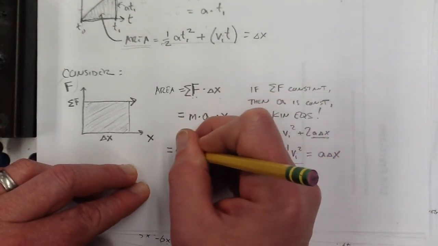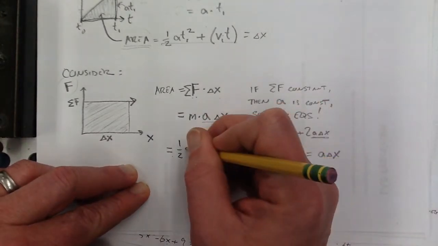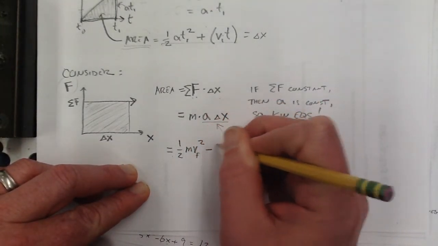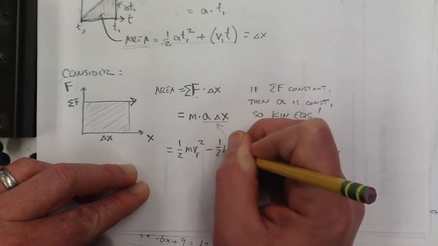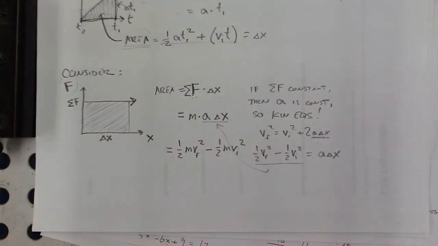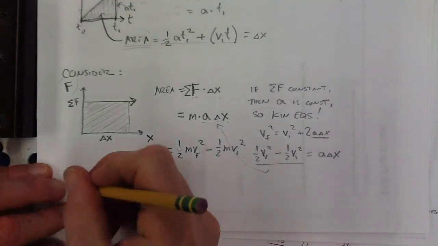So that's equal to 1/2 m Vf squared minus 1/2 m Vi squared. Well, that's interesting. So what does that tell us?